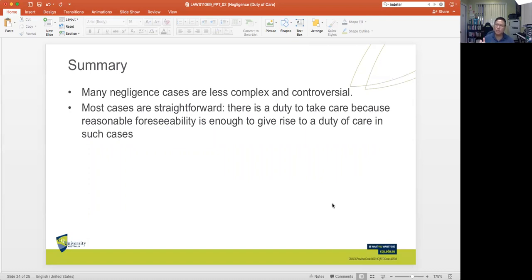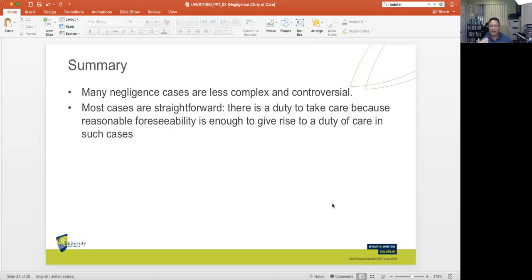We then ask the question of under what circumstances exactly does the duty of care arise? And we canvassed that issue about the issue of proximity, the neighbor principle under the case of Donoghue v Stevenson.